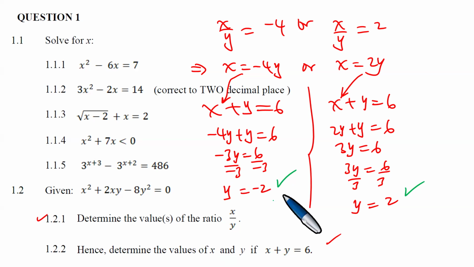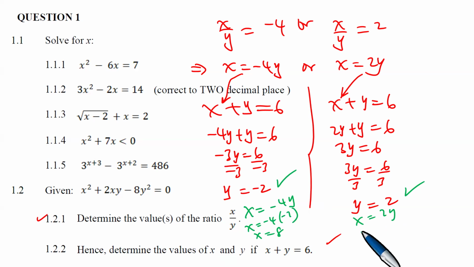Okay, so we got the y's, and then we must get x's. So x is, according to this equation, x is minus 4y, which means it's minus 4 times minus 2, which means that x is 8. X is 2y, and then here you have 2, and the y is 2.